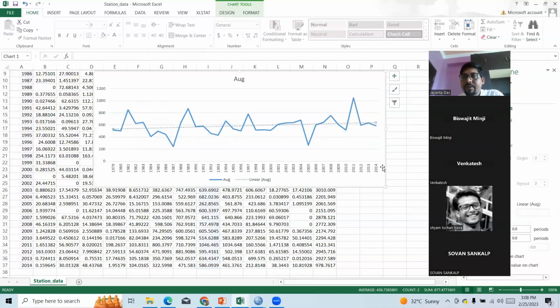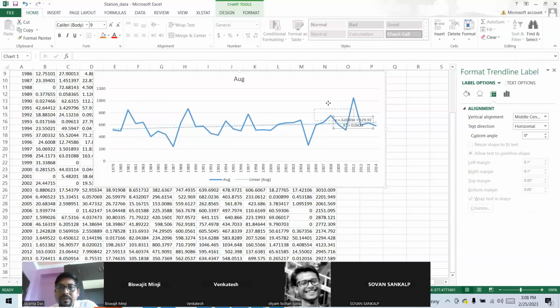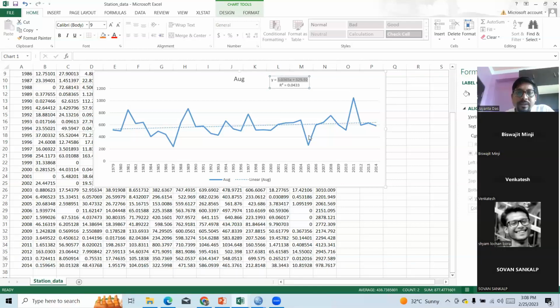See this trend line. So we can display the equation here or display the R square value. See, this is a linear regression method. If we consider this linear regression method, it is also positive. It's also positive if we consider it in August month.